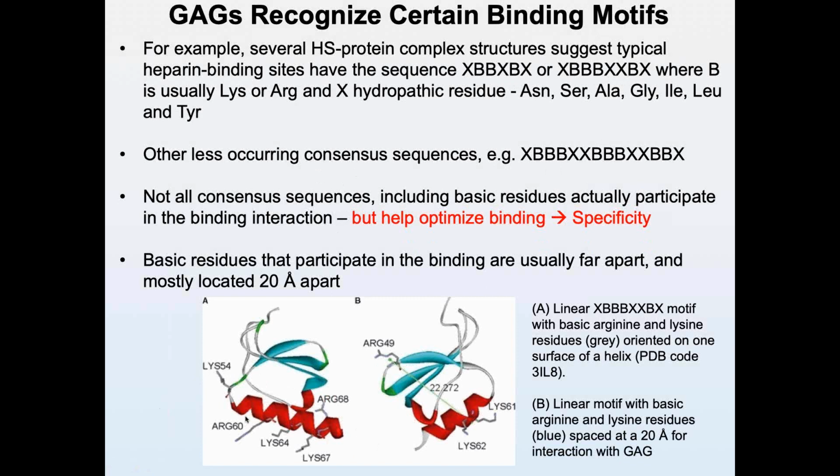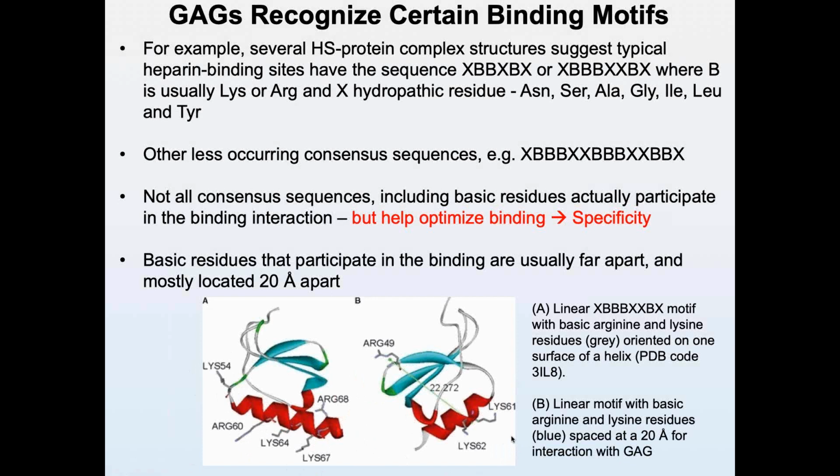So you may have 10 basic residues or 4, but only the basic residues that are separated by 20 angstroms are usually involved in interaction with the GAG. So here we have this motif: lysine, arginine, lysine, lysine, arginine. Not all of these are involved in interacting with the GAG. Only a few of them, approximately separated by 20 angstroms. Same thing with this.